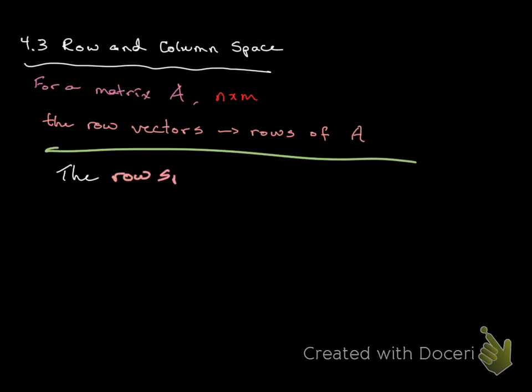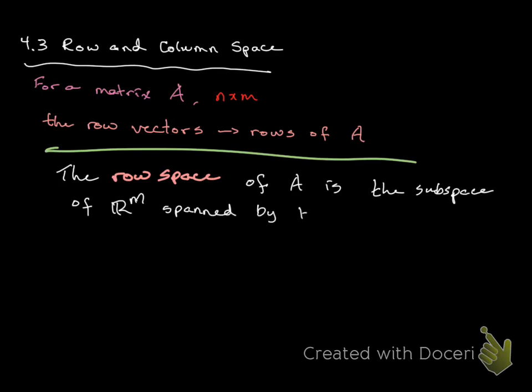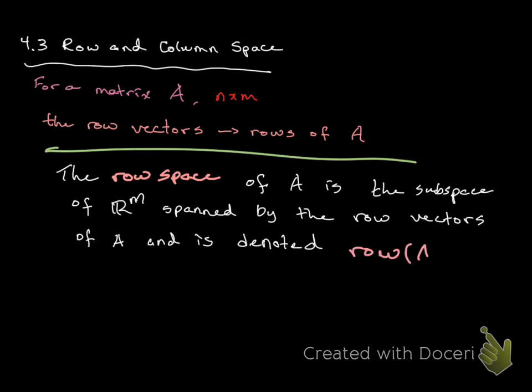The row space of A is the subspace of Rm spanned by the row vectors of A, and is denoted row A. Okay, and that's Rm, which is maybe a little bit misleading, but it's because there are m entries in any given row of our matrix, right?